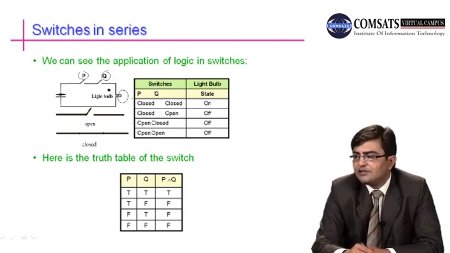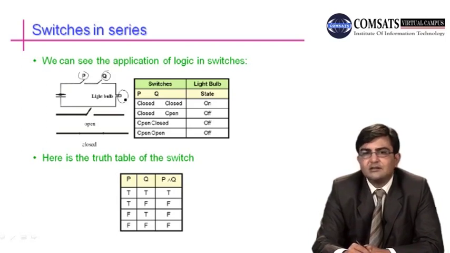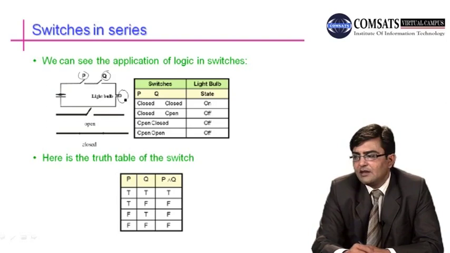If you have two switches and one bulb in a room, then until you close both switches, you cannot turn on the bulb. So this corresponds to an AND operator, or you can say the AND logic gate.